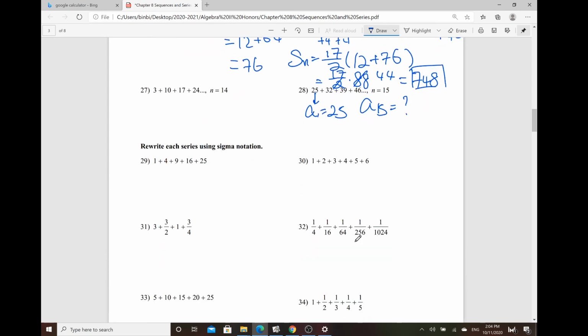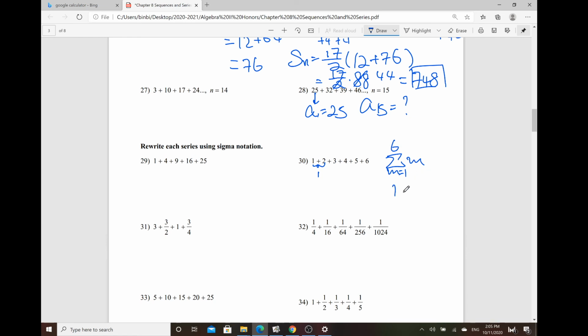Okay, so now what about a sequence that you want to put in sigma notation? This one is pretty basic: 1 plus 2 plus 3 plus 4. The increment is by 1. So you want to put it into the sigma. It's a sum with m equals 1. So m means the first term, so we start off with m equals 1, and then you finish at 6.